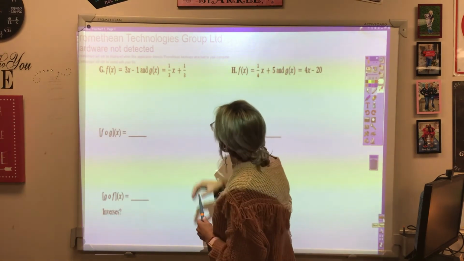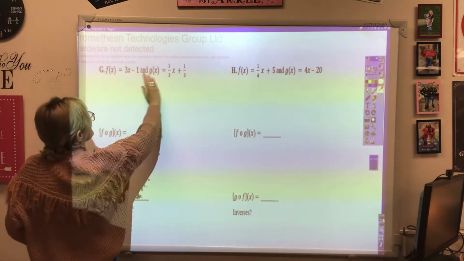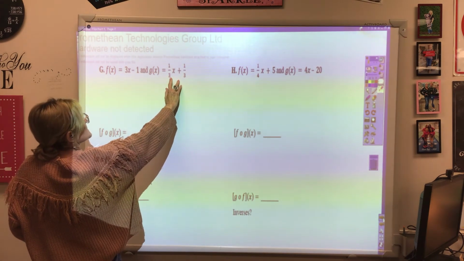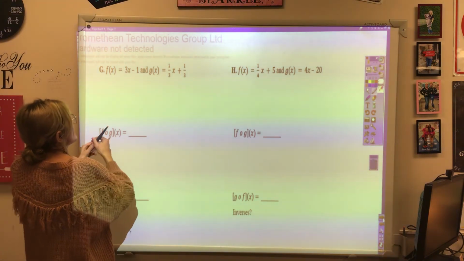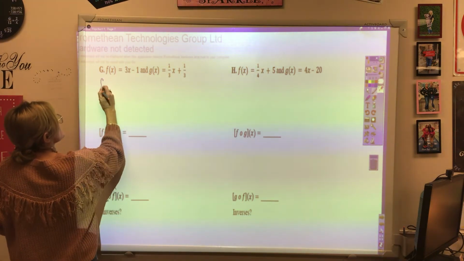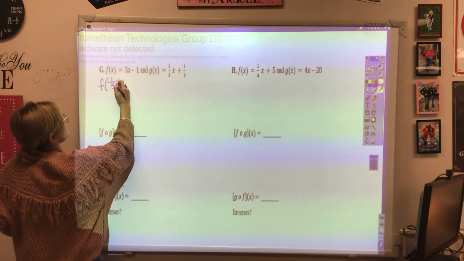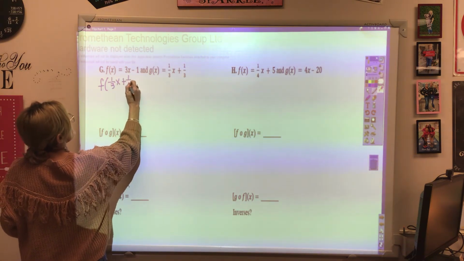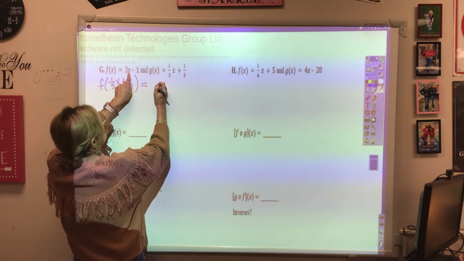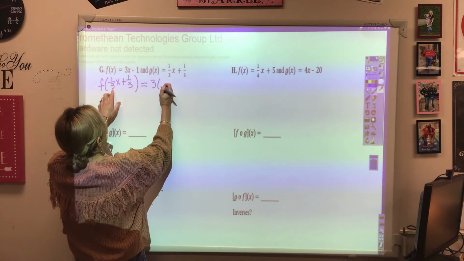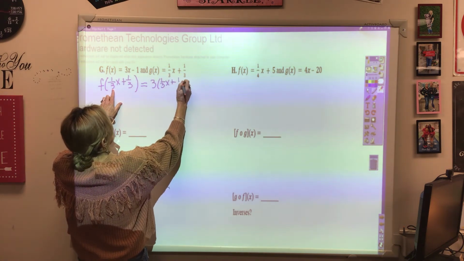Okay, so here's our two functions, 3x minus 1 and 1/3 x plus 1/3. To find f of g of x, what I'm going to do is take f of 1/3 x plus 1/3. So in the function here where x is, we're going to put in 1/3 x plus 1/3.